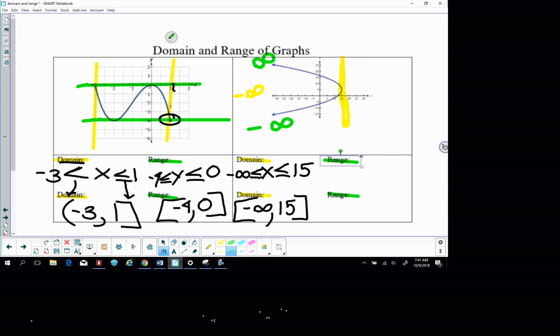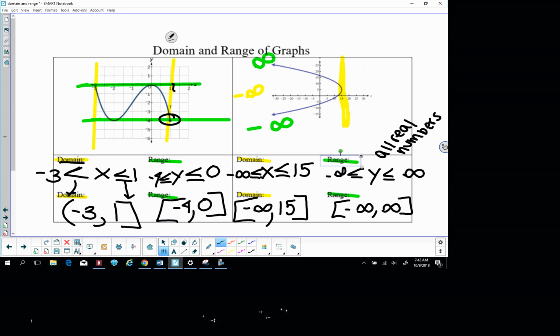Positive infinity. So how you would write that? It looks something like this. Negative infinity to positive infinity. Or y goes from infinity to negative. It also can mean all, if you see all real numbers, that means the same thing.